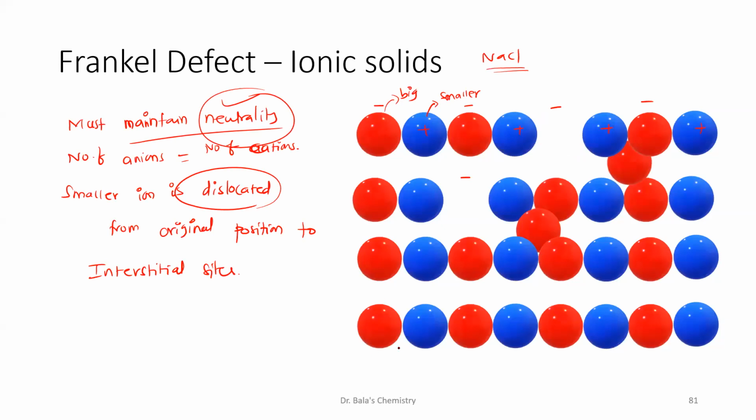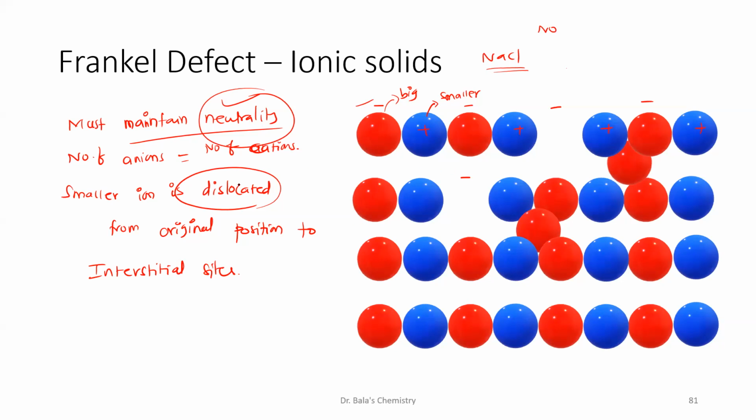If one negative ion goes to the interstitial position, another positive ion should also go. So suppose this ion will occupy this position, and this ion will occupy this position. Maintaining neutrality means the number of positive charges is equal to the number of negative charges.